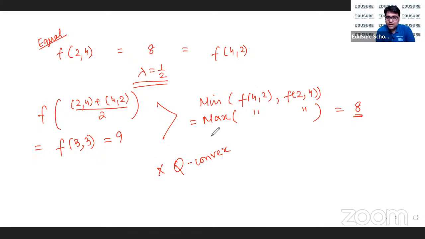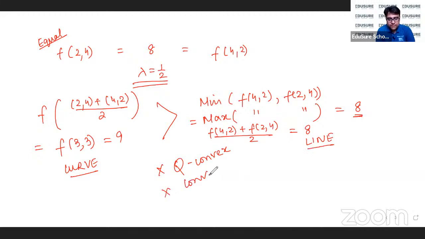लाइन का क्या वैल्यू है? लाइन का वैल्यू भी यही आएगा, f(4,2) plus f(2,4) by 2, which will again be 8. So this is the line. Curve is greater than the line here in this case. तो convex भी नहीं है.